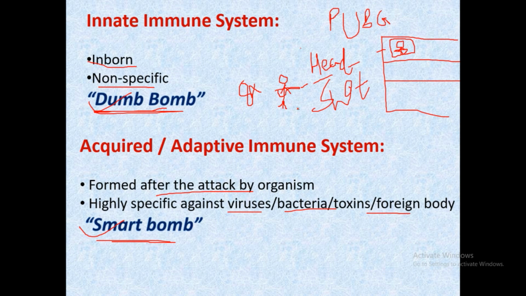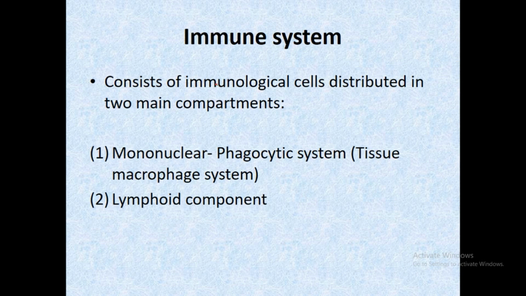I hope you understood it in an easy way. Without a scope, whenever you try to target your enemy, these are the dumb bombs. You don't know where your bullets are going to hit, either the wall, or the head or body of the enemy, or anywhere. But with the scope, for example an 8x scope, one or two bullets are enough to give the enemy a headshot. So these are the smart bombs.